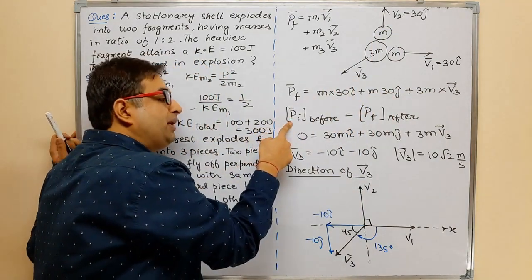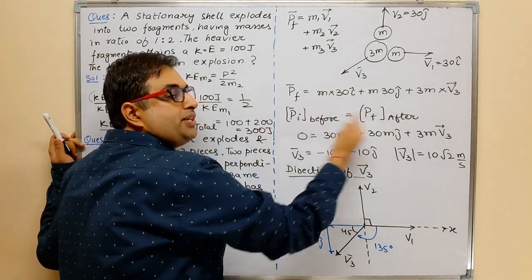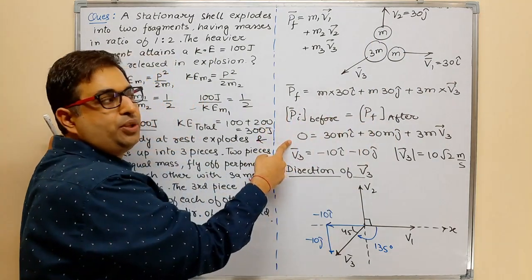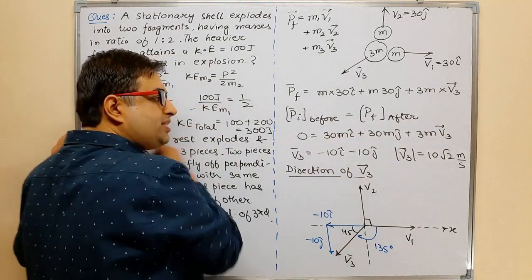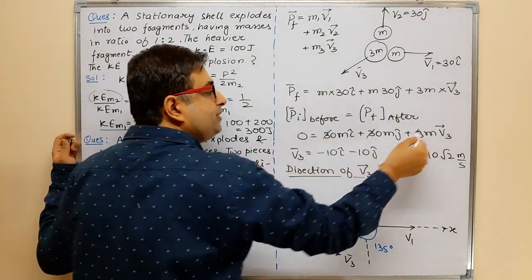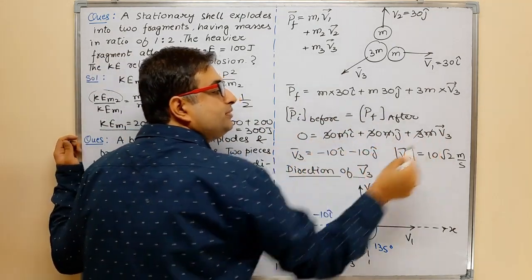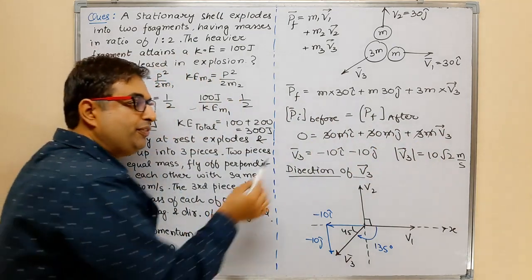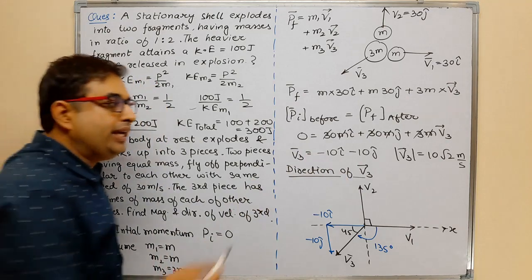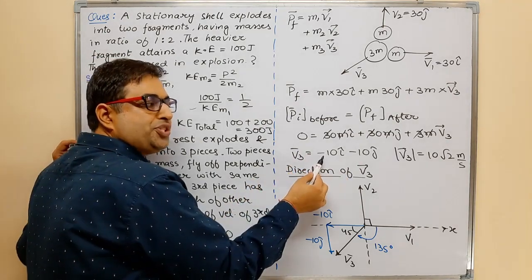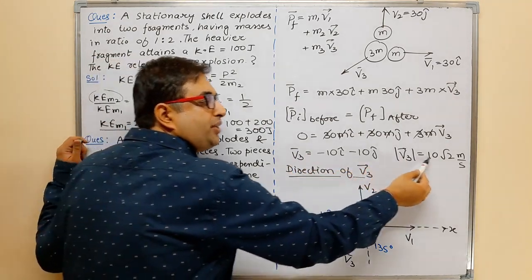Now before blast and after blast momentums are same. So initial momentum is 0. Final momentum you have to put it here. After solving this, here 3 will cancel out, m will cancel out. So v3 here we will get minus 10 i cap minus 10 j cap. And its magnitude is under root 10 square plus 10 square, that is 10 root 2.